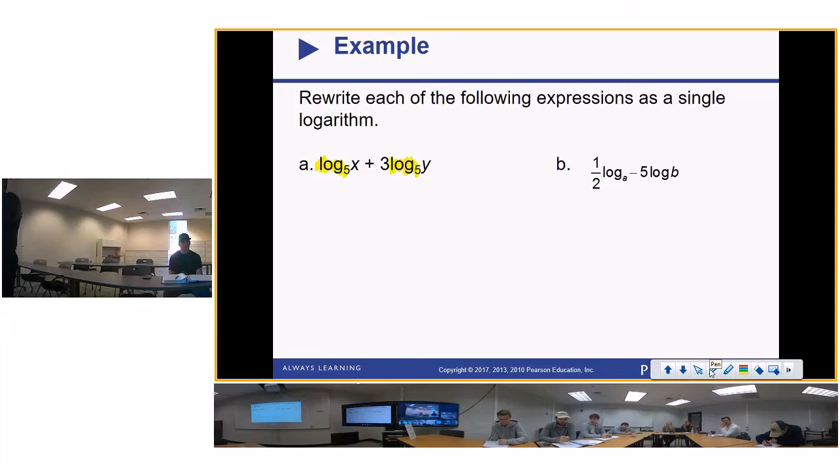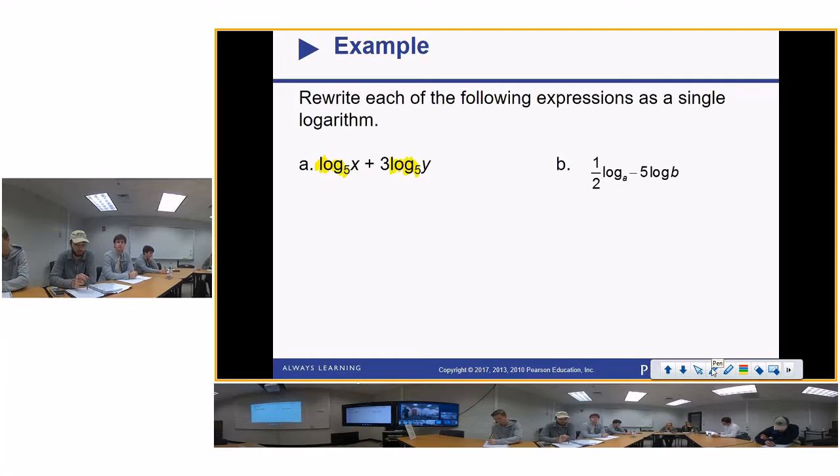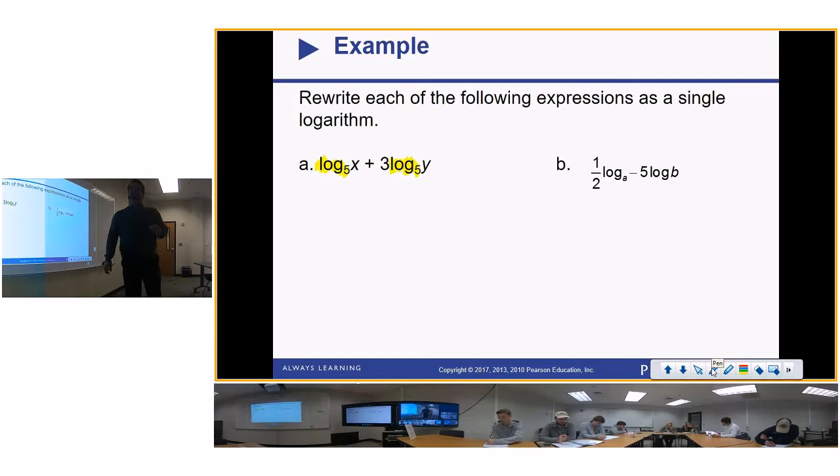First of all, you're going to use the power rule. What are you going to do with the power rule? Somebody that might remember, use the power rule to do what? Look at your power rule. What does it say?